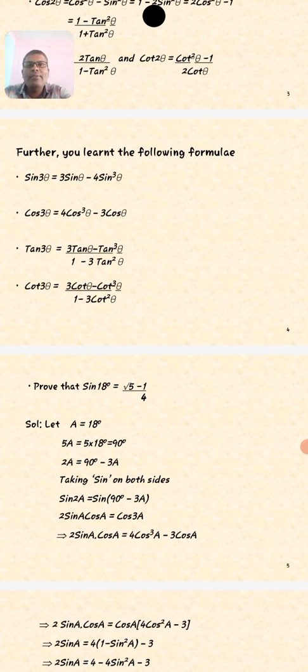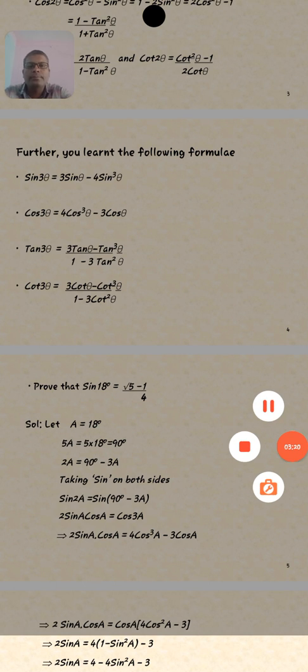The same way, further you learned the following formulas: sin 3 theta is equal to 3 sin theta minus 4 sin cube theta, and cos 3 theta is equal to 4 cos cube theta minus 3 cos theta, and tan 3 theta is equal to 3 tan theta minus tan cube theta divided by 1 minus 3 tan square theta, and cot 3 theta is equal to 3 cot theta minus cot cube theta divided by 1 minus 3 cot square theta.